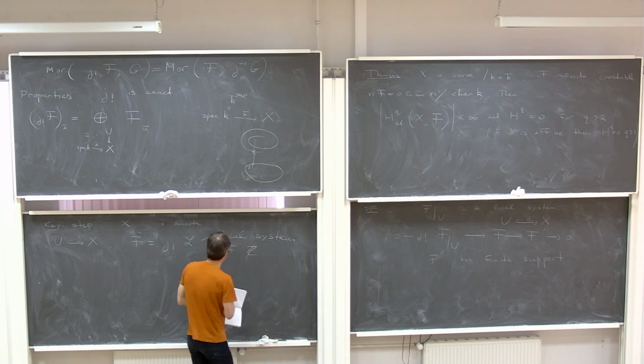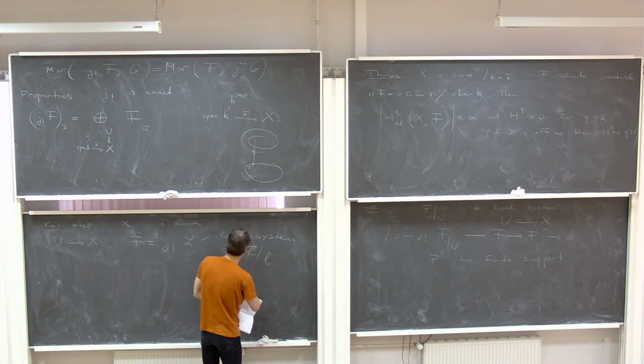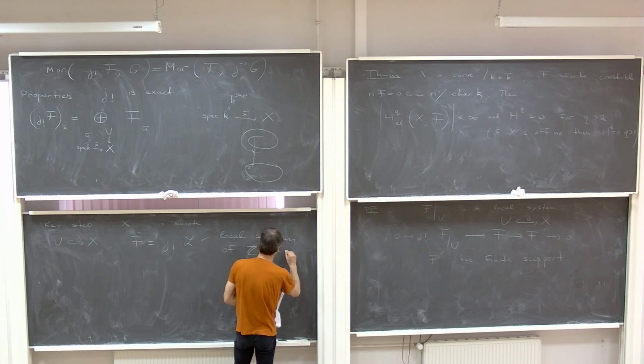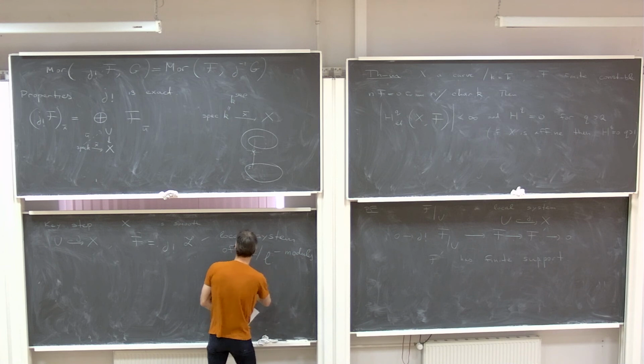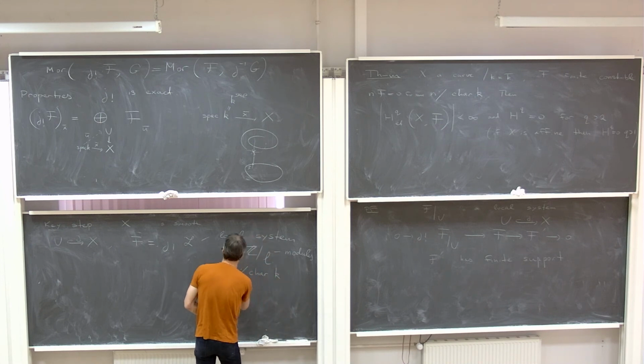Moreover, by again using some dévissage, you can assume that this is a local system of Z mod L Z modules, where L is not divisible by the characteristic of K, and L is prime.